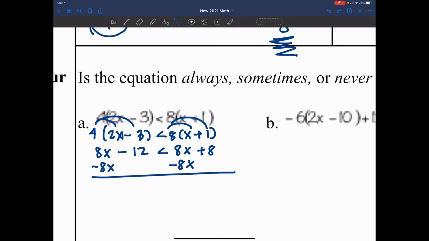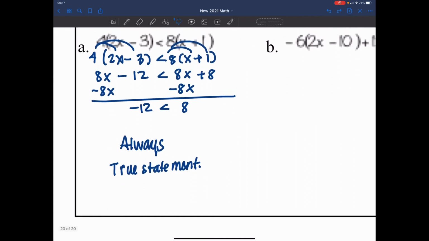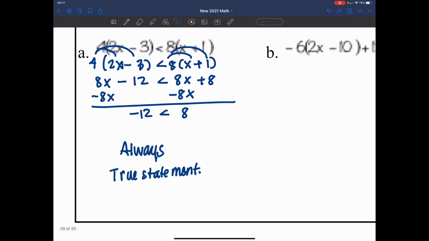I'm going to subtract 8x from both sides. So those 8x's go away. So I get -12 is less than 8. And this is true. It's always true. So let's draw the number line just in case. So in the middle we have 0, we have 8 here, and then further down I have -12.